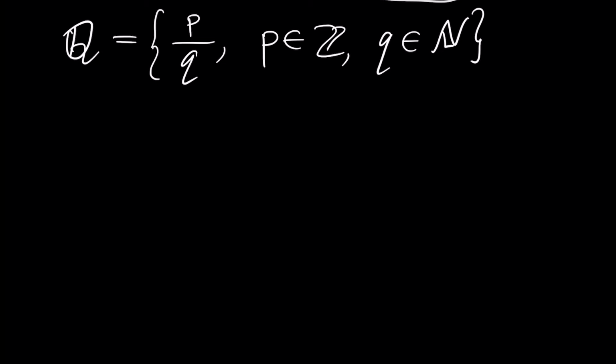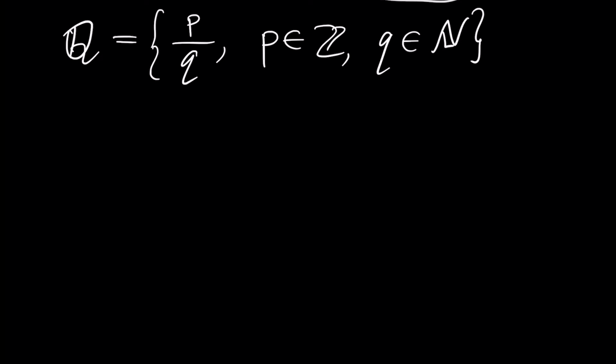So this is actually the set of fractions, and the numerator of this fraction is an integer number, and it can be positive or negative. We can easily construct a bijective mapping from this set of rational numbers into the set of natural numbers, or in other words, we can count elements of this set.